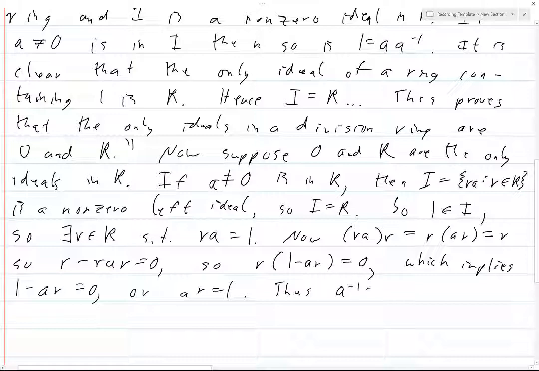Thus a inverse is r, which is contained in R.